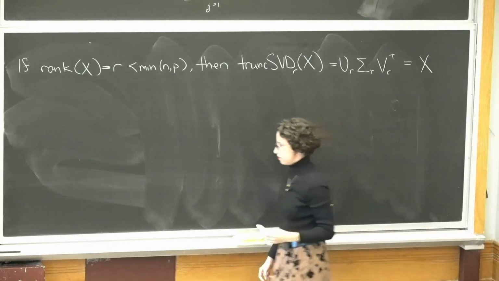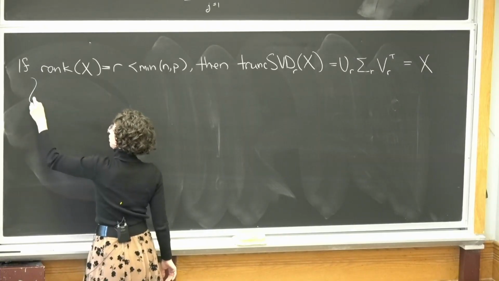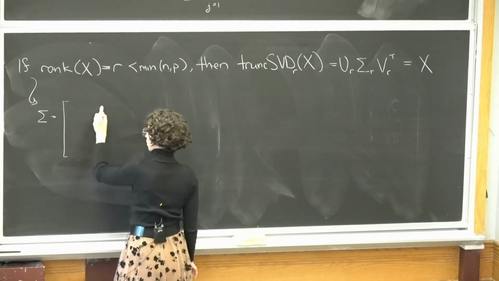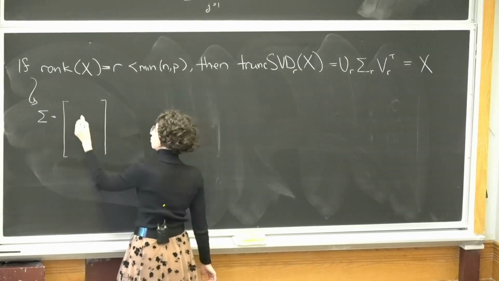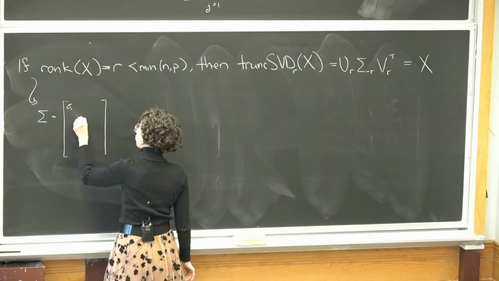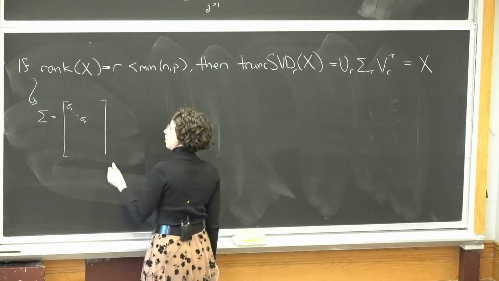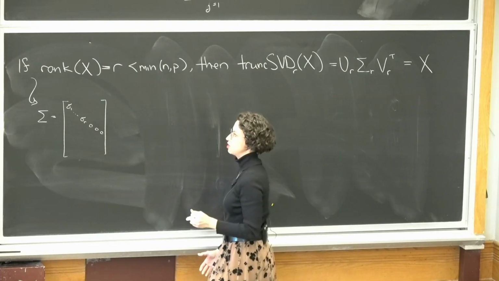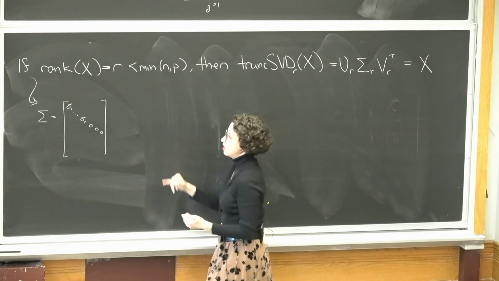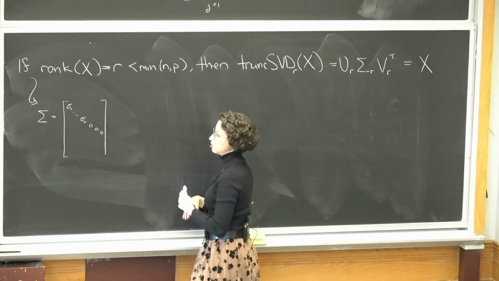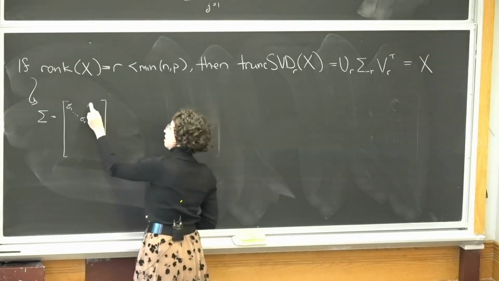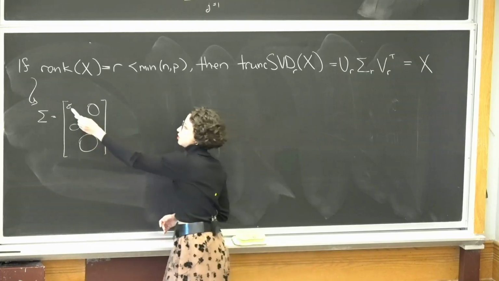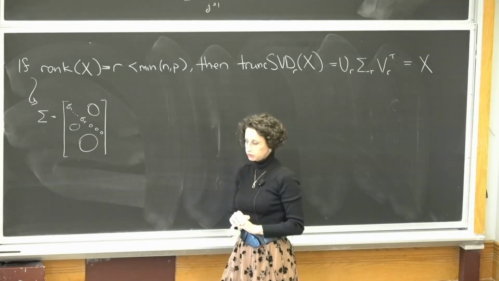The reason for that is because when I've got a rank R matrix X and I look at the corresponding Sigma, let's just imagine our matrix is tall and skinny. So I've got sigma 1 through sigma R, and then all of the other singular values have to be equal to 0, right? Because we said the rank of the matrix is the number of singular values that's greater than 0. So in this singular value matrix, the only things that are non-zero are these first R diagonal elements.